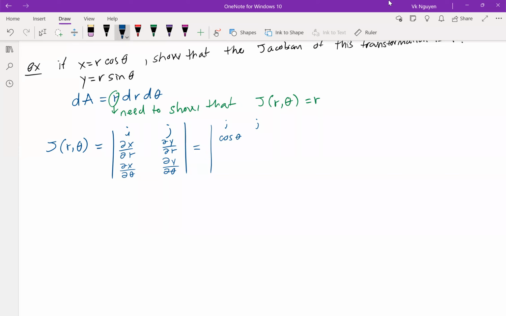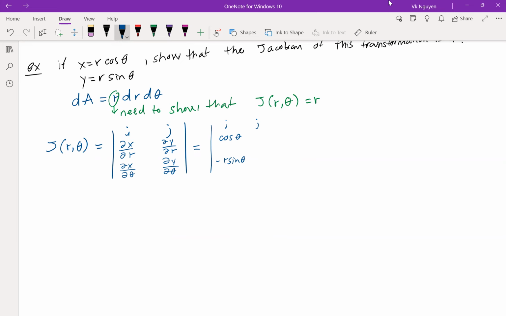It doesn't matter which order you do it in. You can do partial x with respect to r, partial x with respect to theta, which makes your life easy, and then go to partial y, so you don't have to jump back and forth. So partial x with respect to the radius is cosine theta. Partial x with respect to theta is the derivative of cosine, negative sine, so negative r sine theta.